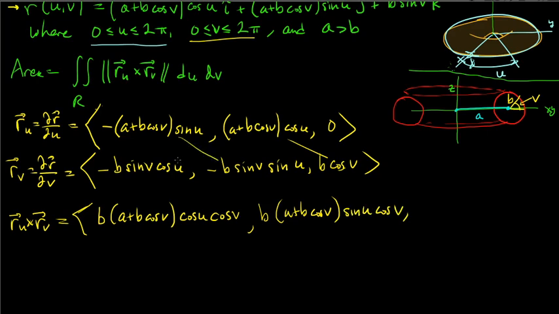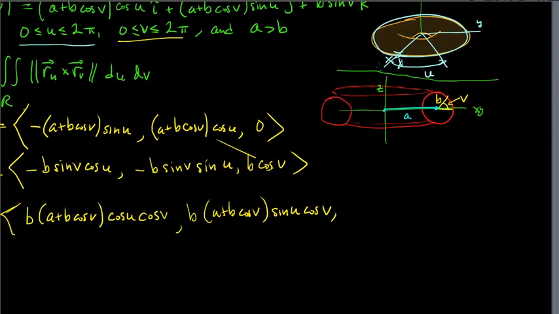And then the third component is, oh, it's 2 terms, so it's going to be kind of a mess here. I think I'm going to run out of space also, so let's see if I can squeeze that in over here. So we definitely get a positive b times a plus b cosine v.